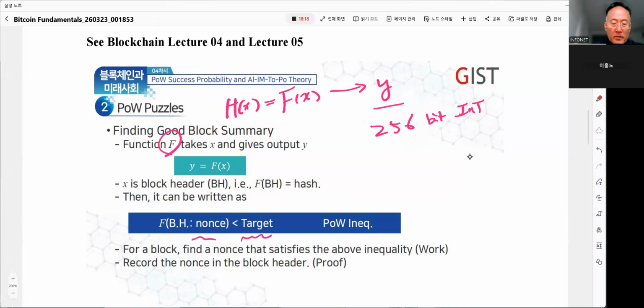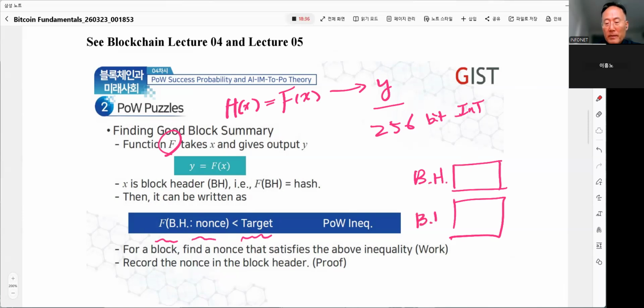So F of X is a block header of Bitcoin blocks, as we have covered. We have a block header and block body.